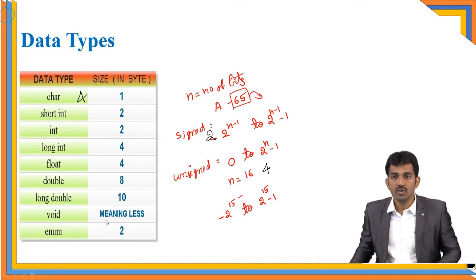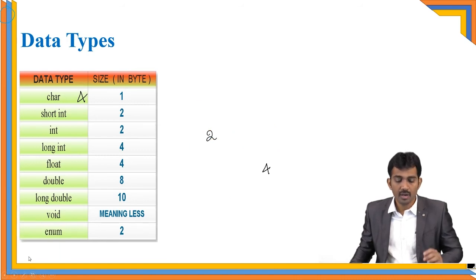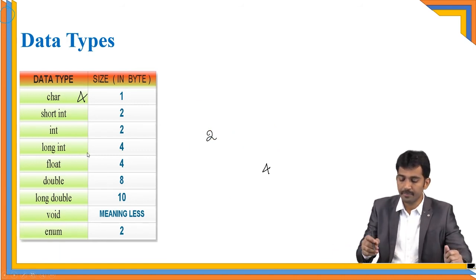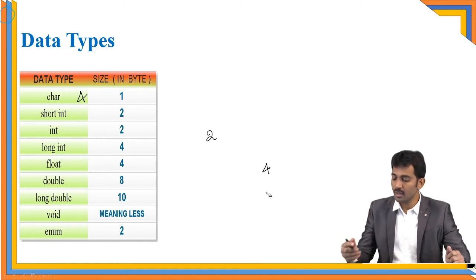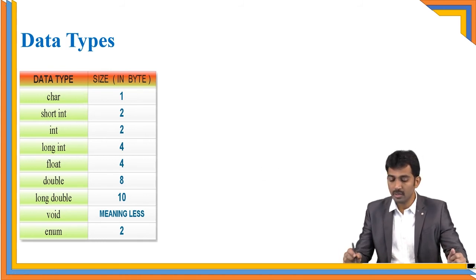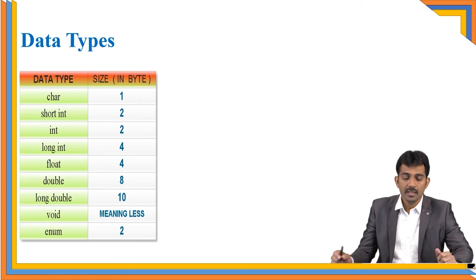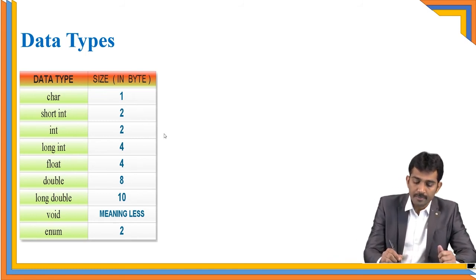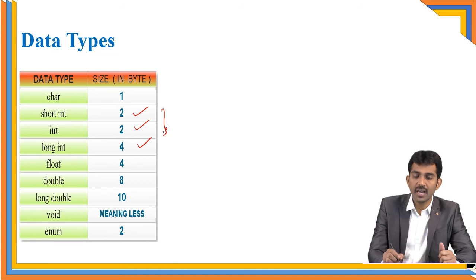Is this clear? Here you can see so many data types. Character, you know already. Short int and long int are going to store integer values without decimals.